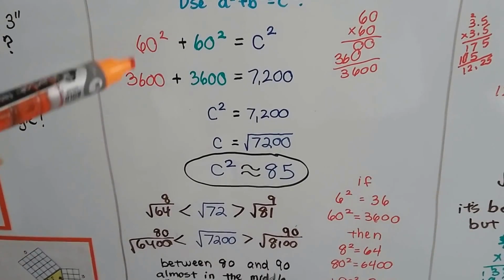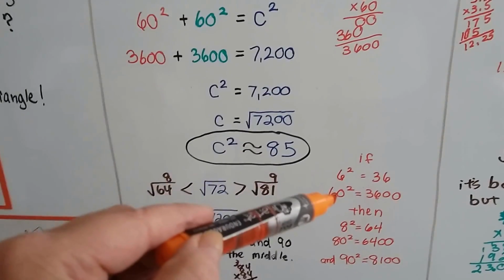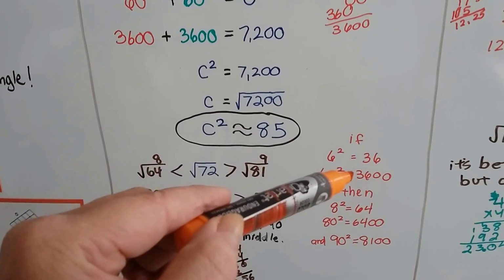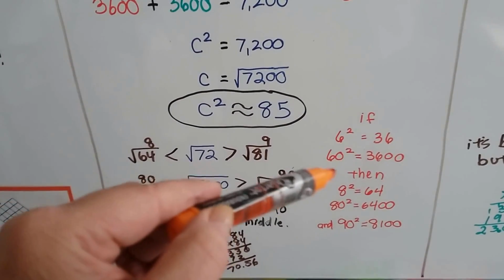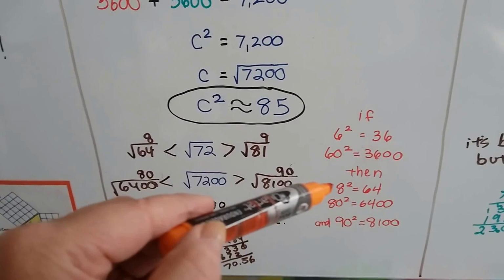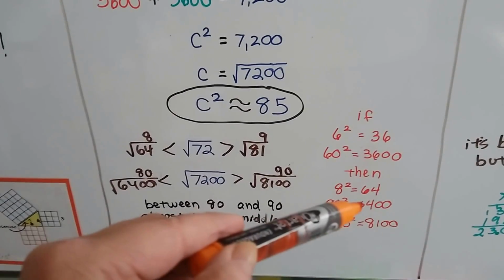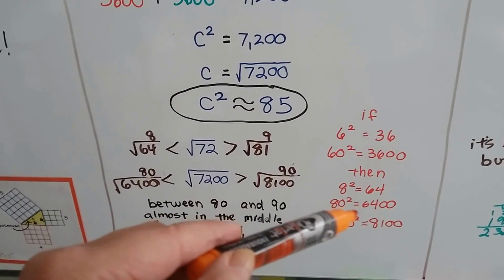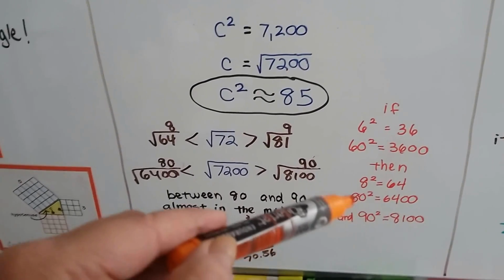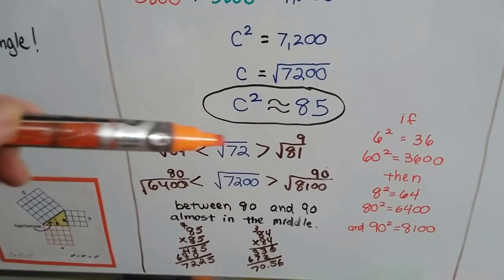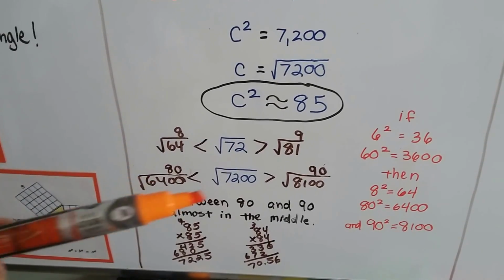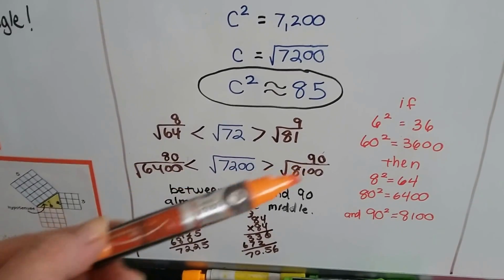If 6 times 6 is 36, and 60 times 60 is 3,600, then we're going to be dealing with something in the tens. That means 8 times 8 is 64, so 80 times 80 must be 6,400. See? So it's going to be between 80 and 90, because those are the perfect squares that 72 falls between, or 7,200 falls between.